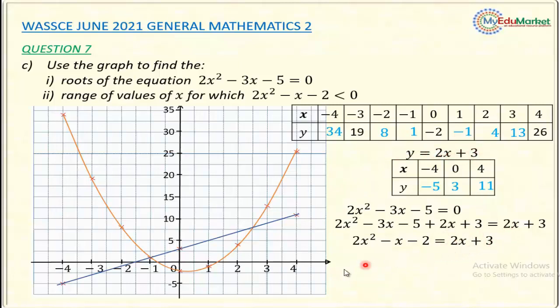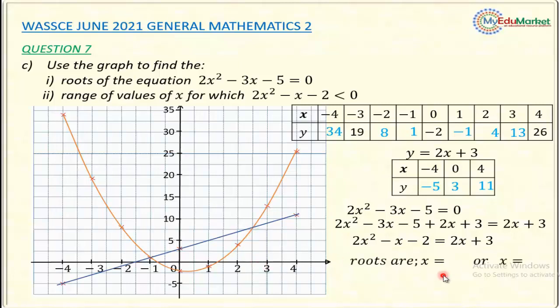So the roots of this would now be nothing but where the curve crosses the straight line, because the right hand side is your straight line while the left hand side is your curve. So you locate the 2 points where the 2 graphs intersect or cross each other, go to the x-axis, and find the values there. That will be your roots.